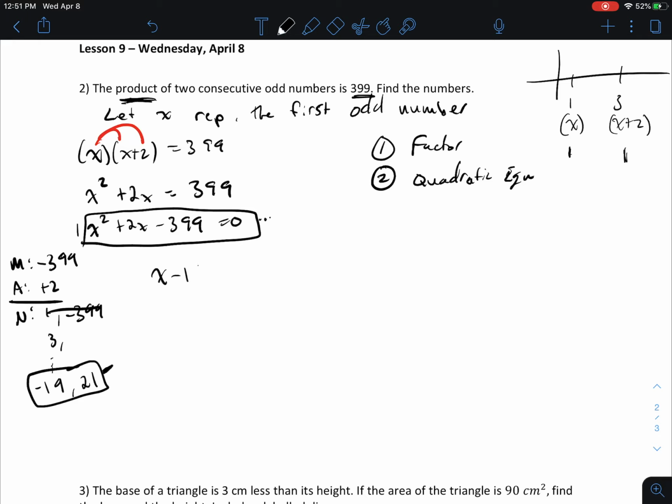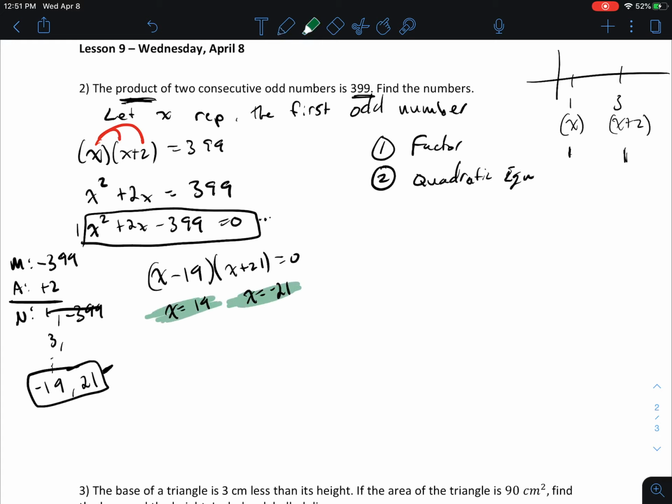So it's going to be x minus 19, x plus 21 is equal to 0. I'm going to solve for x. x will equal 19. x will equal negative 21.